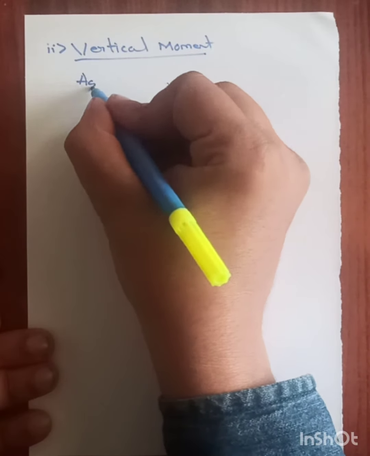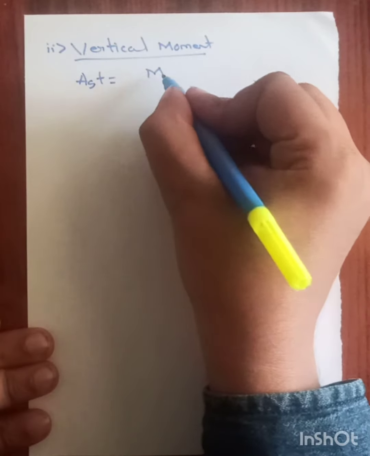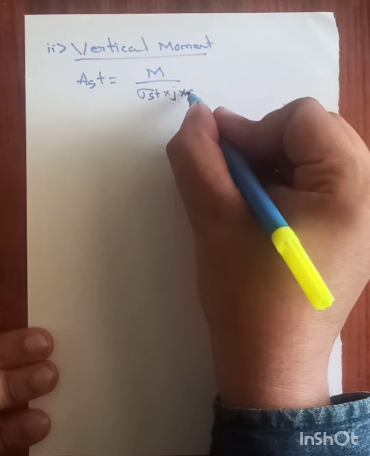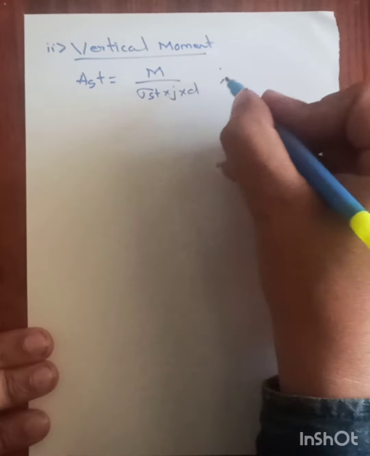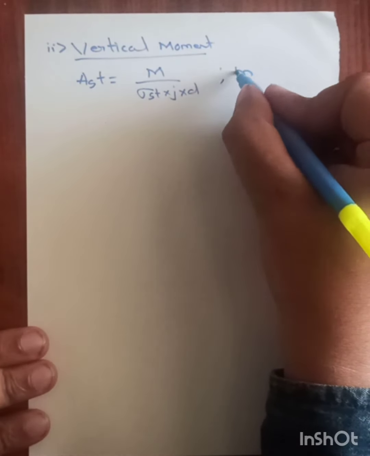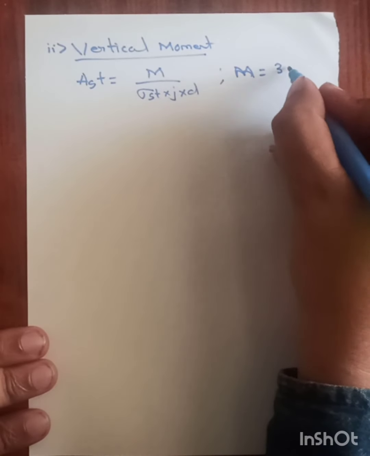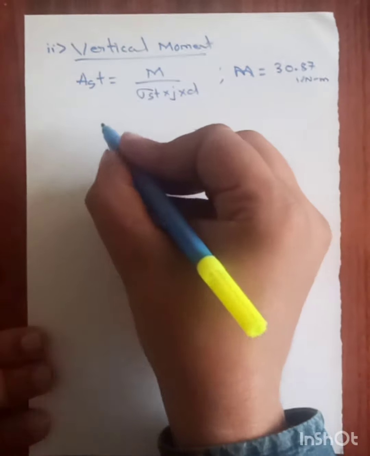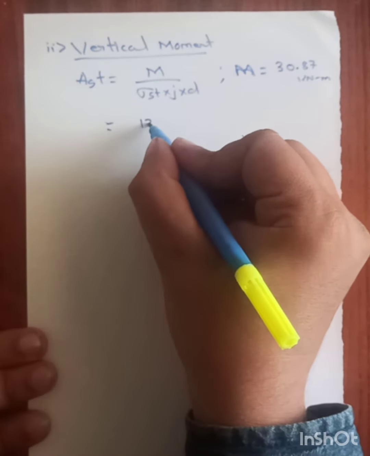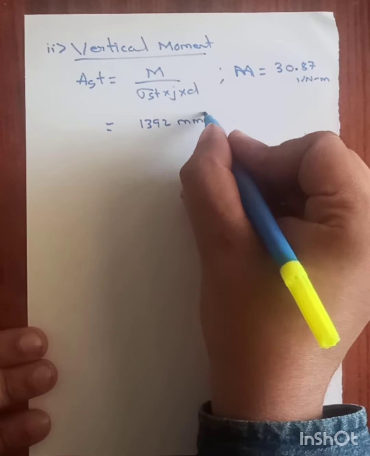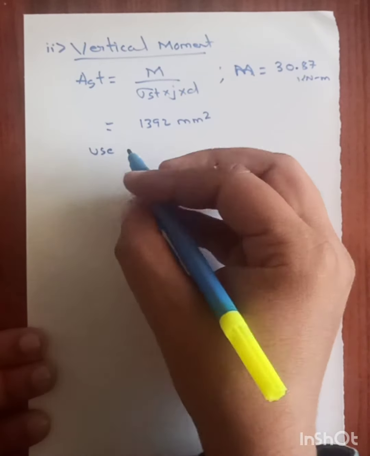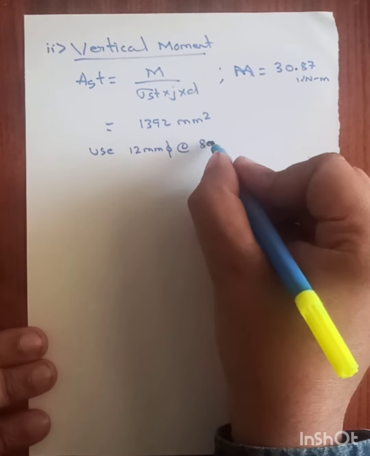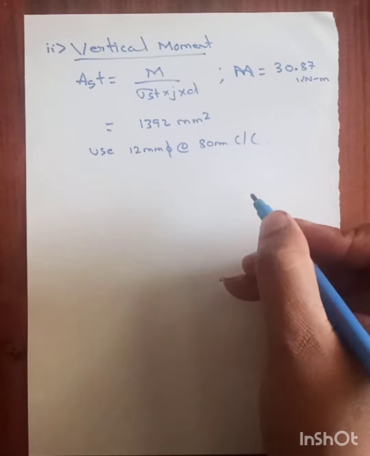So simply we need to find the AST, that is moment divided by sigma st into J into D. For vertical moment, M is 30.87 kilonewton meter. Finding this we will get 1392 mm square. So let us use 12 mm bars at 80 mm center to center.